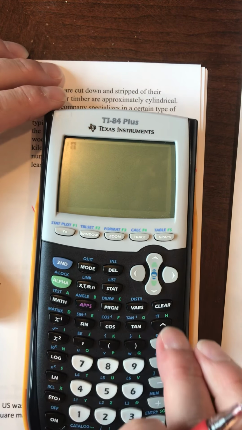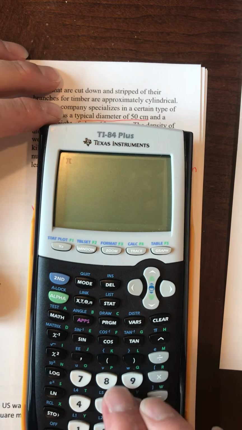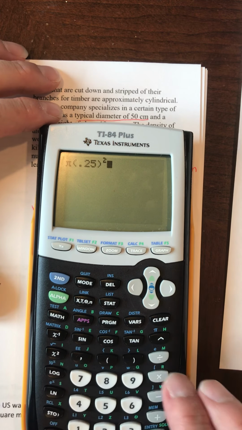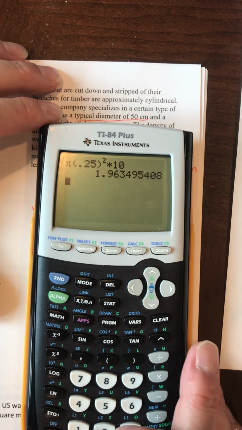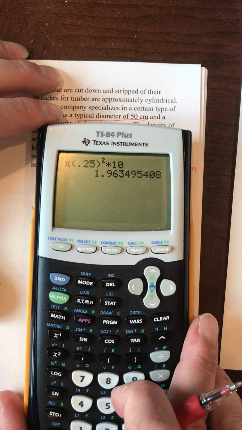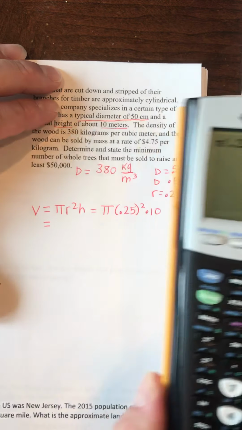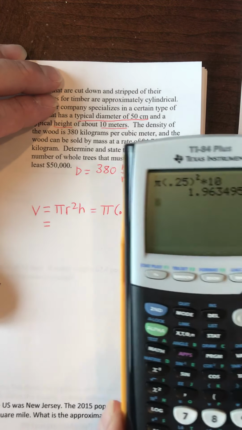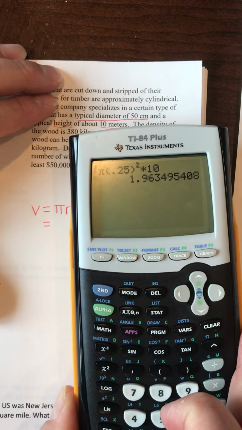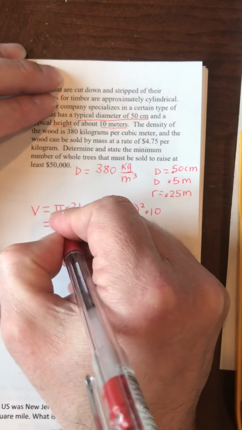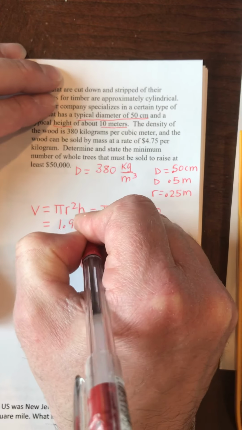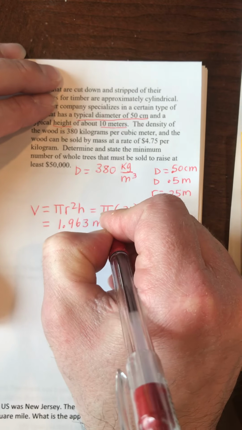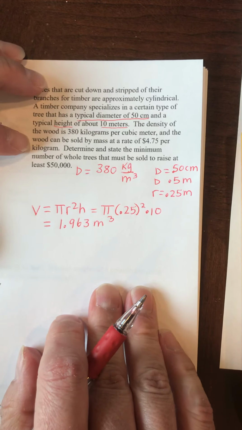So we got pi times 0.25 squared times our height, which is 10. All right, so our volume is 1.96, let's say. What do they say to round to? Well, we're dealing with money, so we got to go 2 decimal places, so let's go an extra. 1.963 meters cubed. All right?